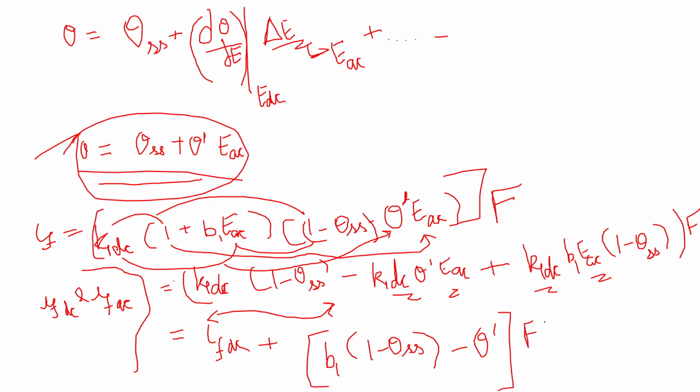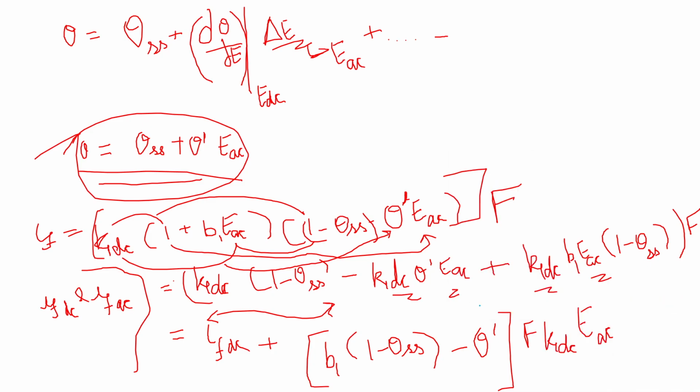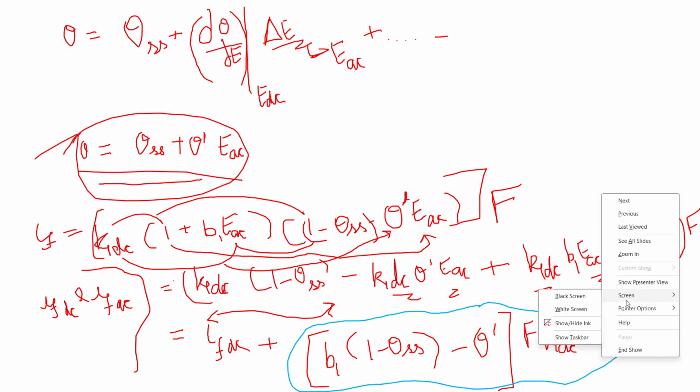F into K1 DC into EAC. Is this much clear? Any doubt? So if you see, this term is nothing but IAC. Anyone has any doubt on this slide, or else I'll change?